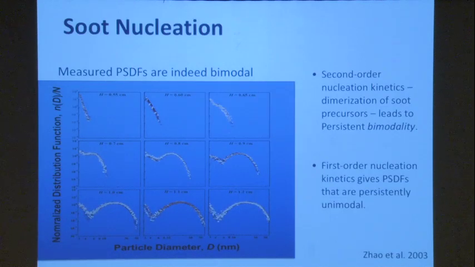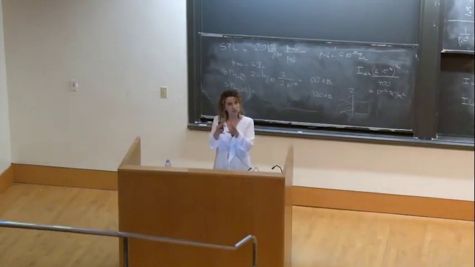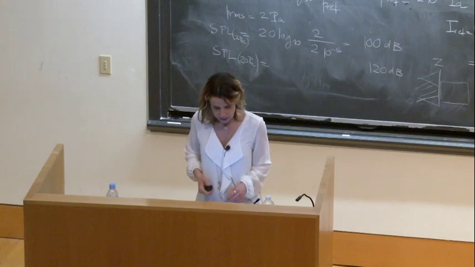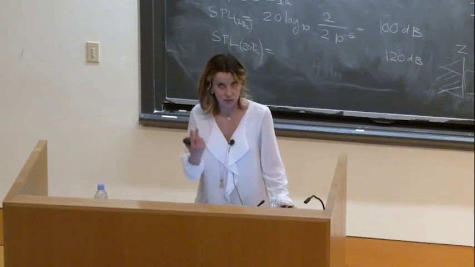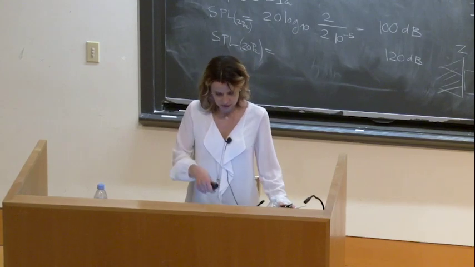They measured the particle size distribution, and what they noticed is the presence of this first hump. So this is particle diameter and the distribution here. The nucleation kinetics, they thought, is a dimerization. You have a pyrene in the gas phase, then they get together and start growing. Being second order, with two species getting together, you get the bimodality here.